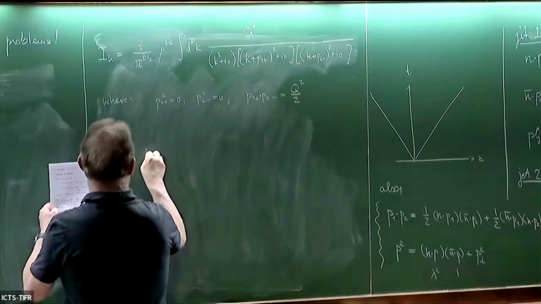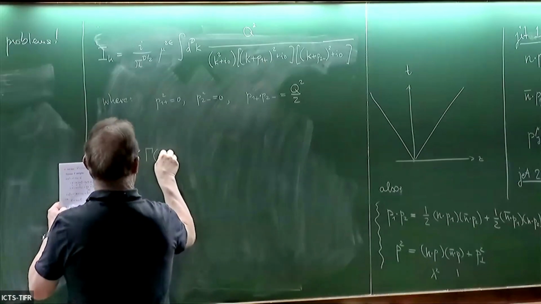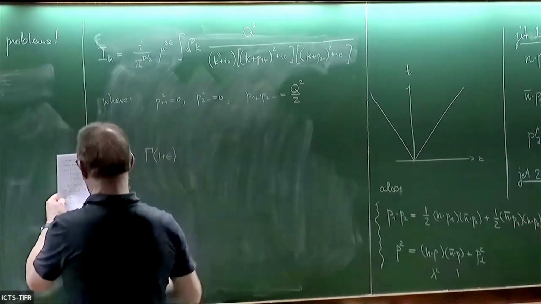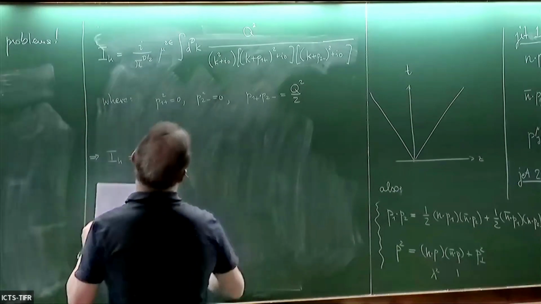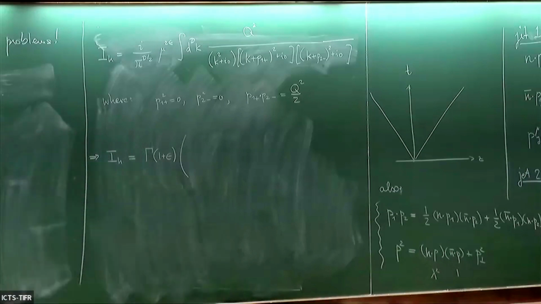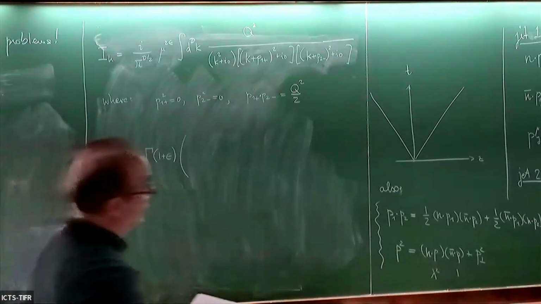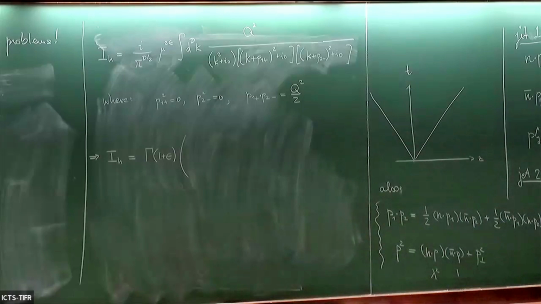This integral evaluates to gamma of 1 plus epsilon, and then an expression. This integral is divergent. The original integral was finite, as given here. This integral is not finite, it's divergent. That's not a problem.